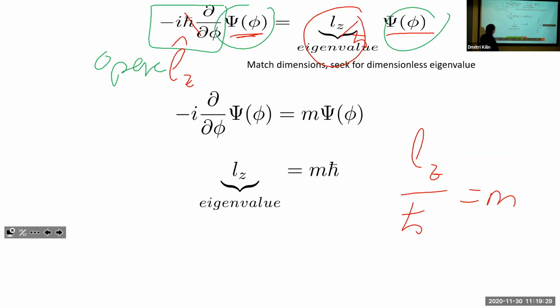If we divide left and right parts, there is a common notation to use the letter m for the eigenvalue of angular momentum. And you may even suggest why the letter m. Are there any quick thoughts?